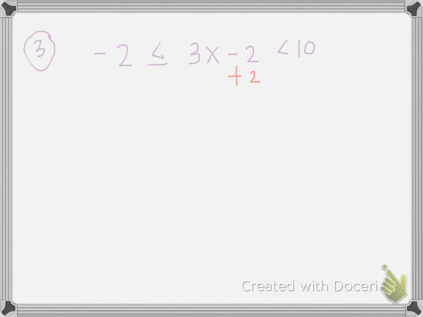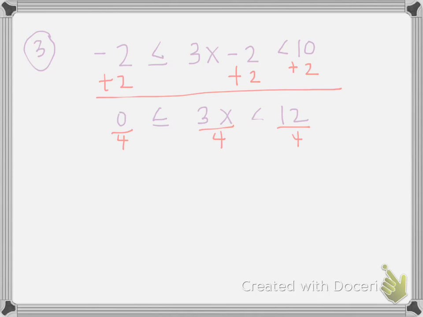So we'll have 0 is less than or equal to 3x, which is less than 12. Sorry, I added that little equal to sign. Okay, now same thing, we're going to get the x by itself, so we're going to divide everything by 3. So we're still going to have that 0 over there, and x is going to be by itself in the middle.